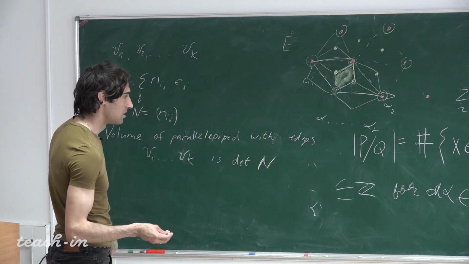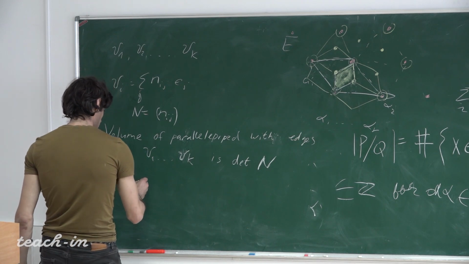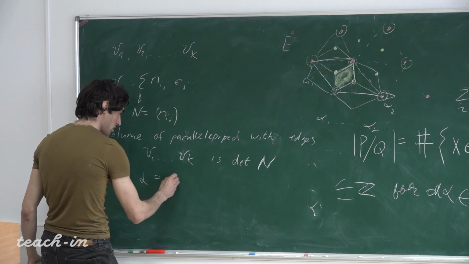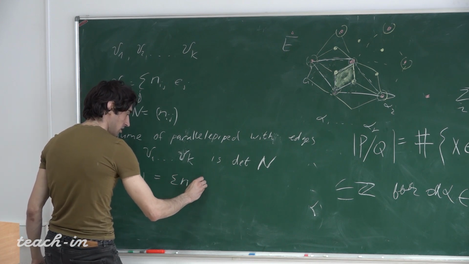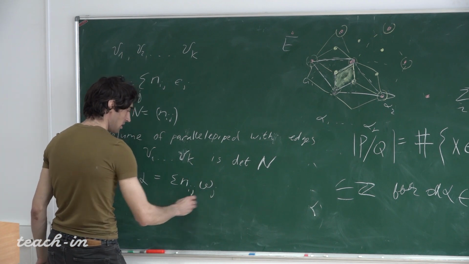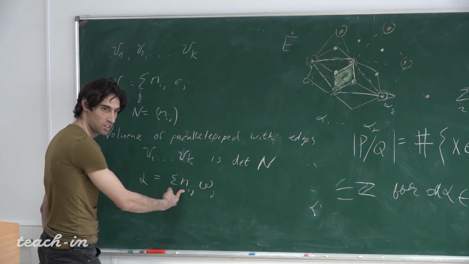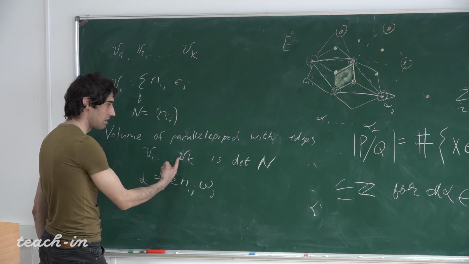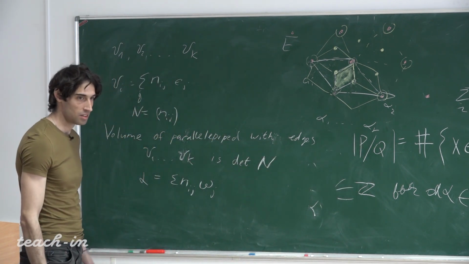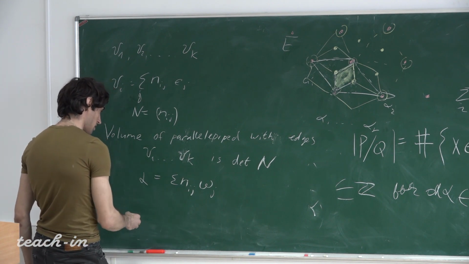But then let me now take alpha. So I should take alpha and decompose it in omegas, right? And then take the determinant of this matrix. And this gives me exactly the size of this set then. But what are these n ij's?